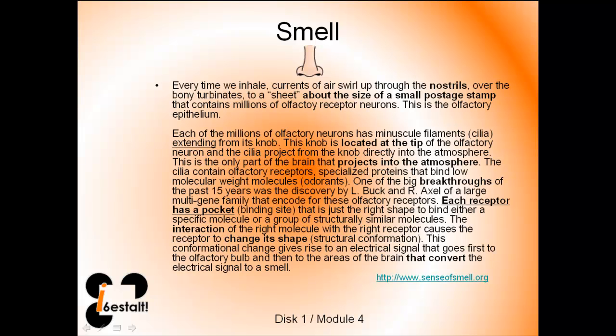Some advanced research, which I may cover somewhere down the line, has brought us to the point where we can literally cross some of these senses, where we can smell the colors and taste the smells and a variety of other things.